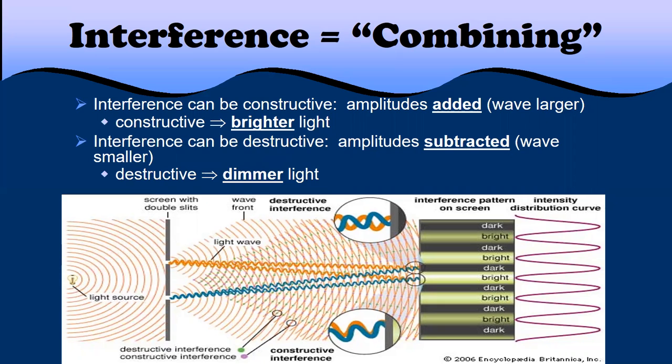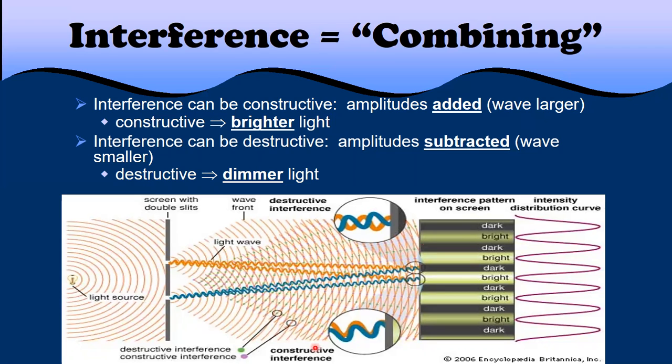So if we look down here at our chart, up here at the very top, what I mean by destructive is they're out of sync. You see how they're out of sync, these two waves? That's what's making it dark. That's what's killing the light, making it dimmer, because they're out of sync like this.